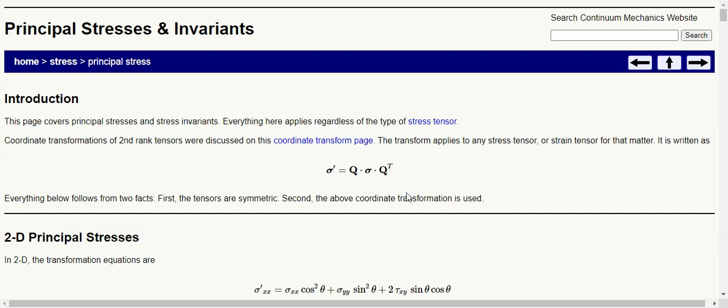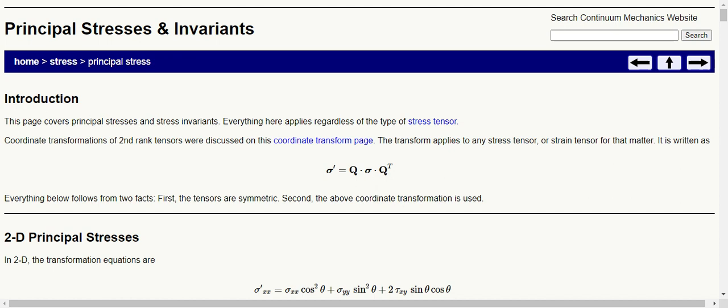Now let's see how rotation matrices are used to do rotation operations with our tensors. This page is another study resource that I will attach in your study material. When we want to rotate a tensor, here sigma is a tensor, and suppose we want to rotate it by a certain angle, then we multiply this sigma with our rotation matrix in this fashion.